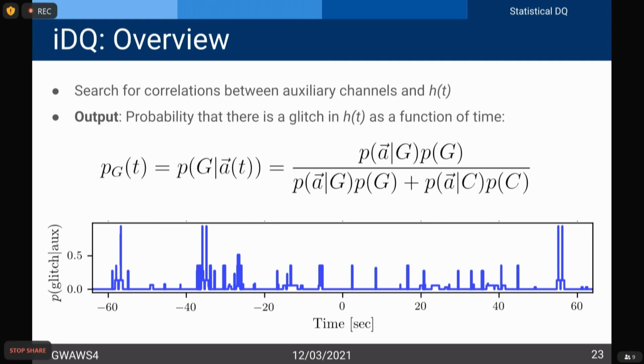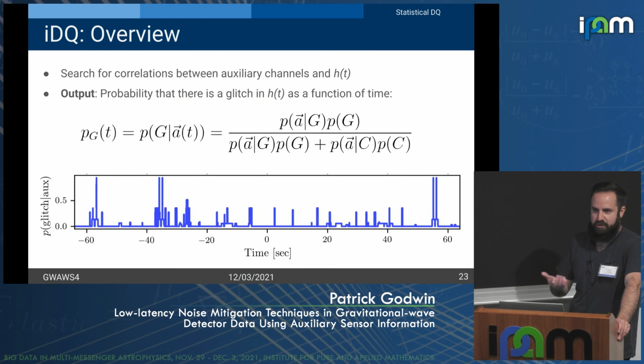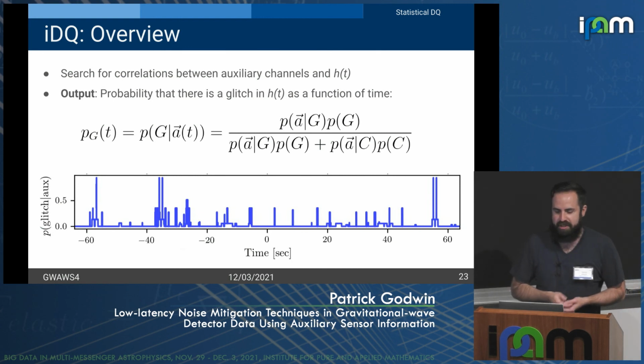The goal here is to search for statistical correlations between the detector's auxiliary state and the strain data h(t). The output is a probability that there is a glitch in h(t) as a function of time. The searches can then use this information either to veto times, or, for example, even incorporate it into their likelihood ratio statistics, or as part of their modeling itself.